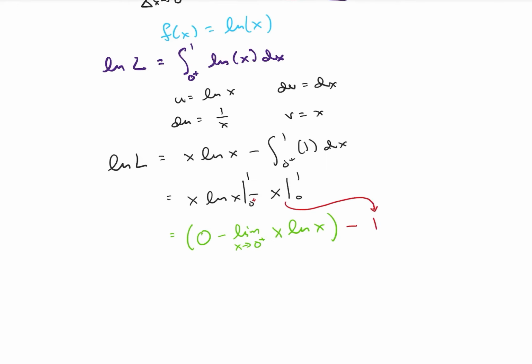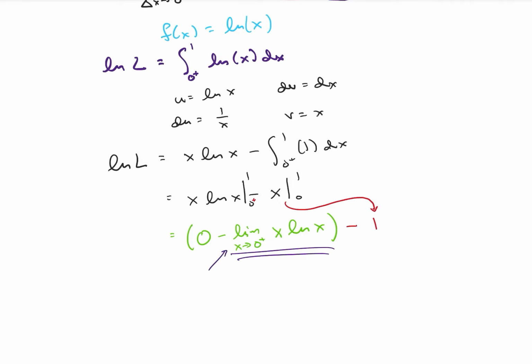So our question is, what is this? If we look at this, ln of x as x approaches 0 is negative infinity. x is 0, but we can rewrite this.